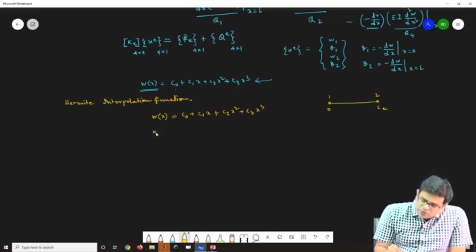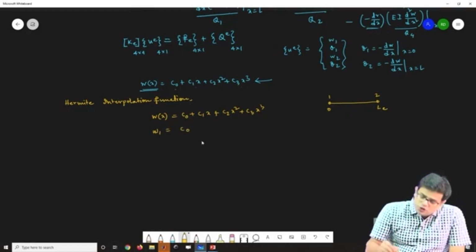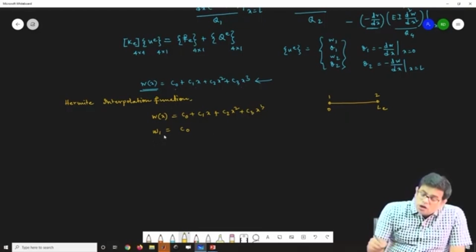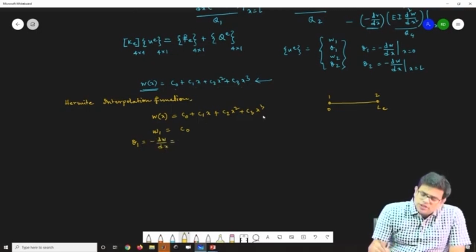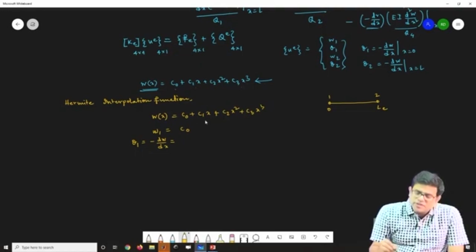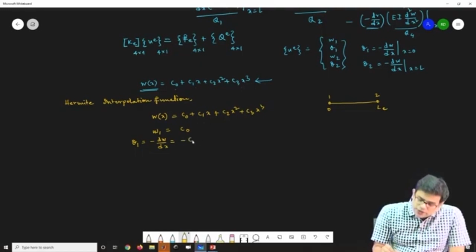So W1 is just C0 because x equals 0, and theta 1 is minus dw dx, which is minus C1.